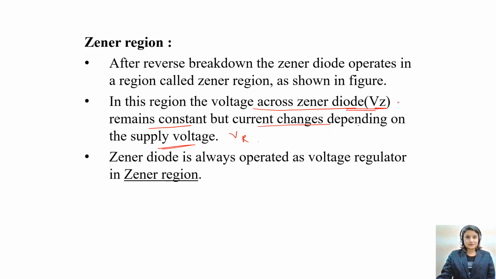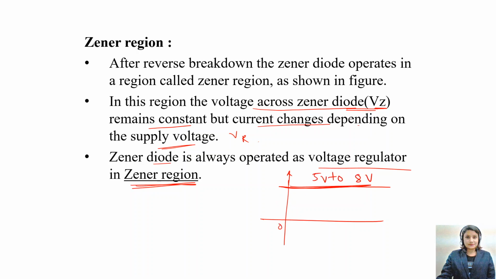That means a Zener is always operated as voltage regulator. Mind it, in the Zener region only. That means your Zener diode will give you constant voltage between 5 to 8 volts.